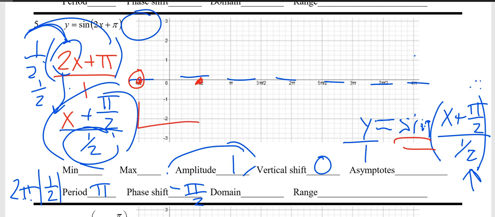The distance from here to here is only pi units. Indeed. Well said. Halfway in between, back at the center line. Halfway in between the first two, I go up. And halfway between the second two, I go down. And then we draw the wave.